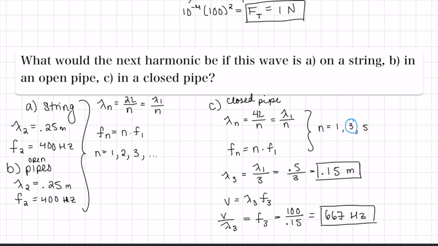Which actually, that's incorrect. So 0.5 divided by 3 is 0.167. So we're dividing 100 by 0.167, and that gives us 600 hertz, which you would also get if you did it the other way. And those are our answers for that.